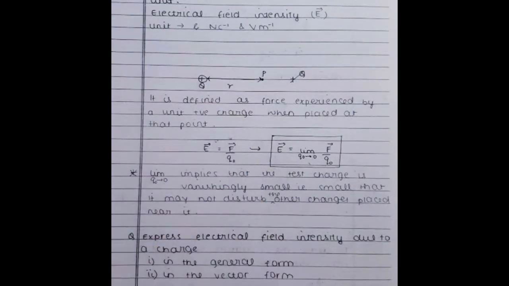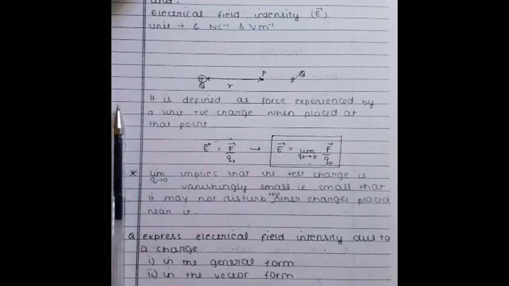What we are learning out of this is very simple: due to a positive charge, the electrical field will point away from it, and due to a negative charge, the electrical field will point towards it. That's what we have to learn.